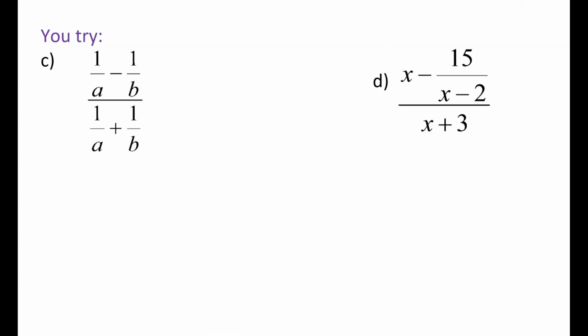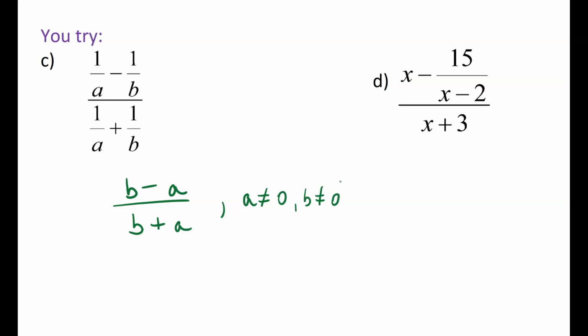Okay, so what did you end up with for C? B minus A over B plus A. Any restrictions? Yeah, A can't be 0 and also B cannot be 0. Okay. How did C go for everybody? C was okay.